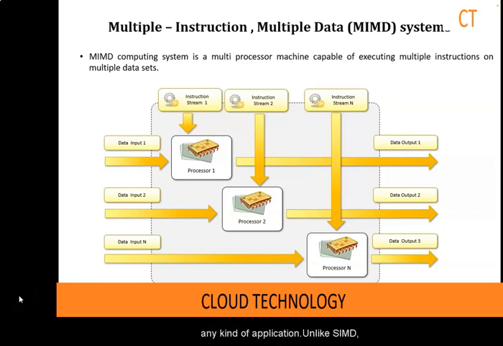Unlike SIMD and MISD machines, processing elements in MIMD machines work asynchronously. MIMD machines are broadly categorized into shared memory MIMD and distributed memory MIMD based on the way the processing elements are coupled to the main memory.